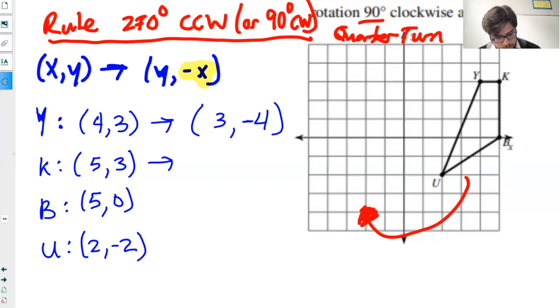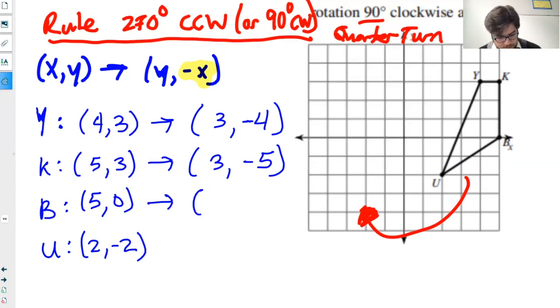Same thing for point K. Let's flip the values. Instead of 5, 3, we're going to have 3, 5. And again, let's change that value. It was a positive 5, so now it becomes a negative 5. Keep going.